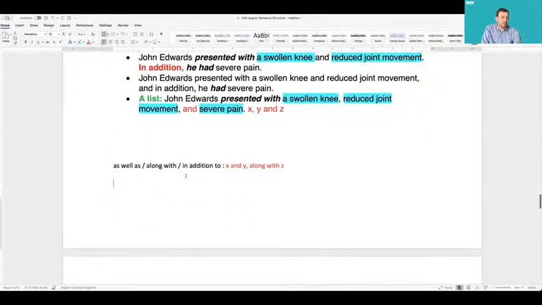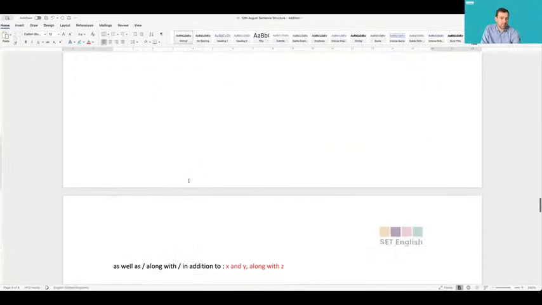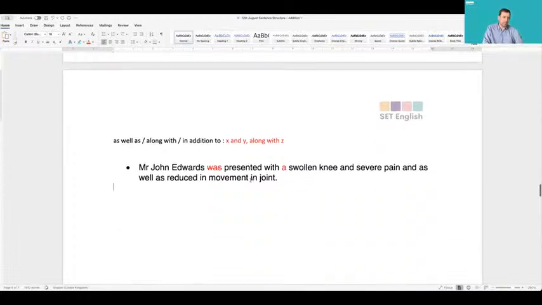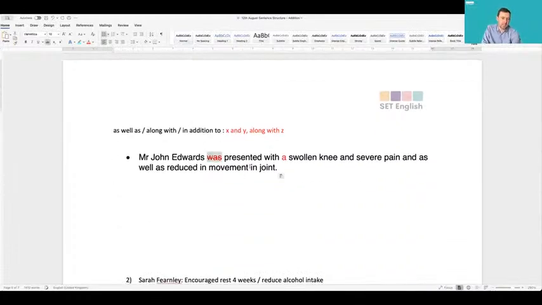So let's have a look. Mr. John Edwards, let's take that away. Presented with a swollen knee and severe pain, and as well as reduced joint. We can't do that. Okay, so we don't want and here, as well as now this would be reduced joint movement.